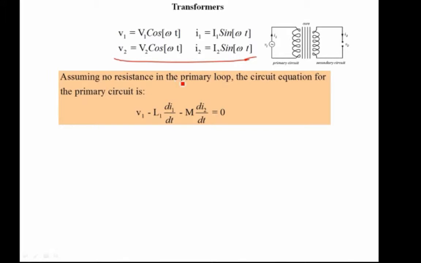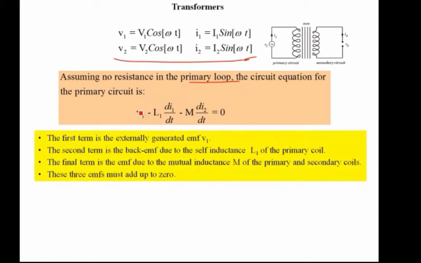So if we just take a look at the primary loop, there's no resistance, and the circuit equation for the primary circuit, so that's this circuit over here, is the potential that's driving everything, minus the potential due to a time-dependent current and the self-inductance, and then there will be a term that relates to the potential due to the induced current in the secondary.